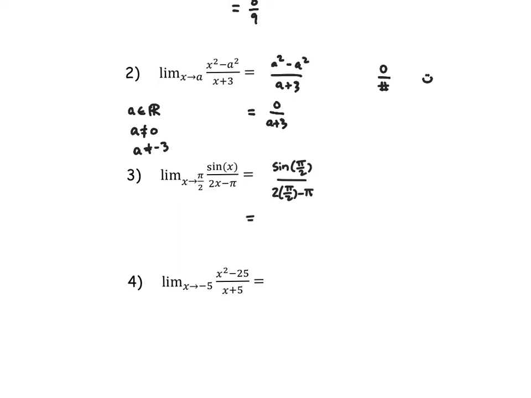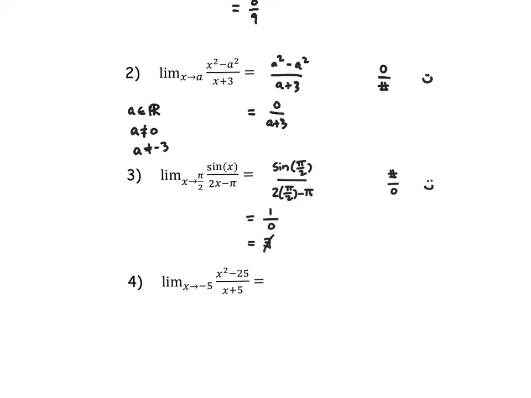This will evaluate to 1 over (pi minus pi), which is 1 over 0. That means that this limit does not exist. So if you get a number over 0, even though the limit doesn't exist, that's good, because now you have a definitive answer.